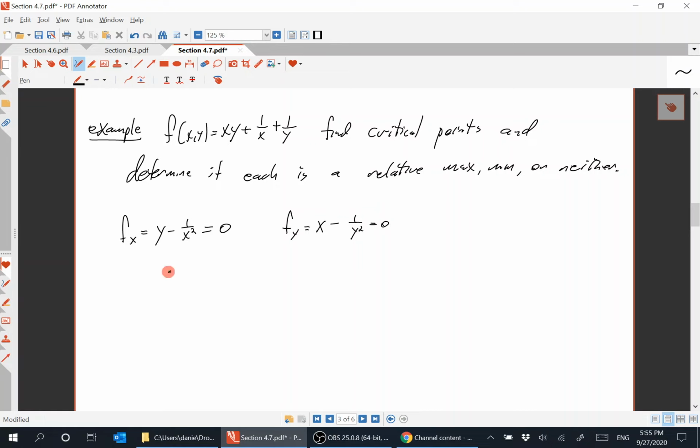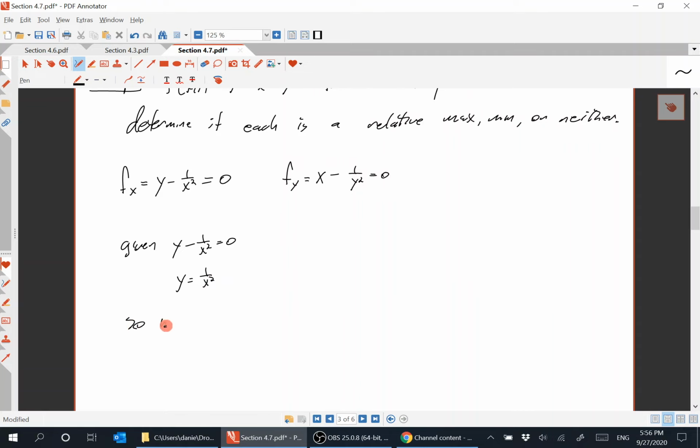All right, given that y minus 1 over x squared is 0, y is equal to 1 over x squared. So now x minus 1 over y squared equal to 0 becomes what? Y is equal to 1 over x squared.